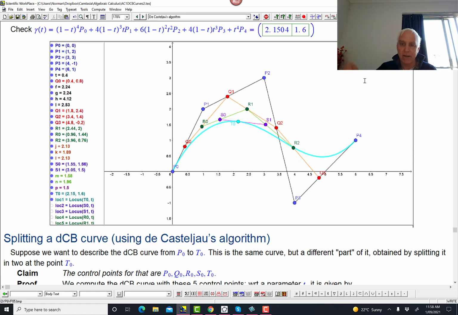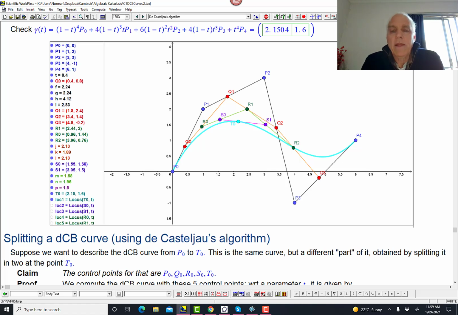So if you have some complicated curve, you first split it into manageable pieces and then create splines or dCB curves for each one of those individual pieces and try to make sure that they're aligned pleasantly at the places where they meet, typically by ensuring that their tangents are coinciding there.